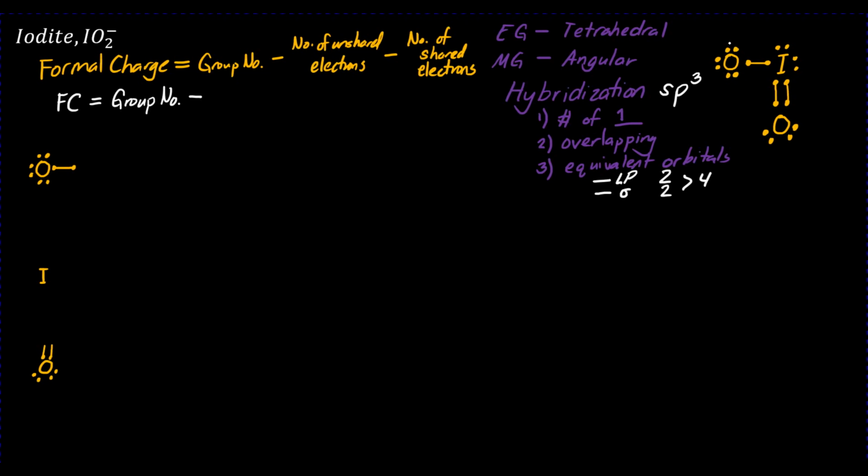When you say unshared, it is not used to bond with other atoms. And the common mistake here is, instead of writing 6 unshared electrons for this oxygen, writing down 3 because they mistake this for lone pairs. So here, number of dots, and the number of shared electrons for this oxygen, only 1 electron is shared.